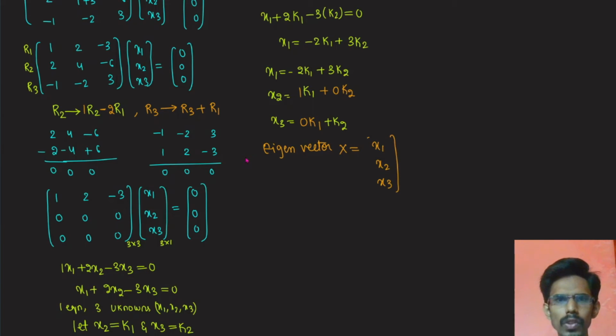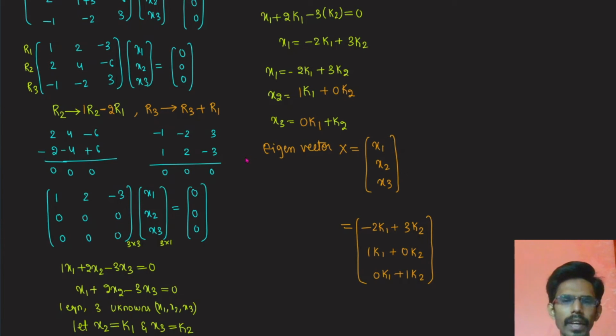Capital X comprises of three unknowns, x1 x2 x3. Now the value of x1 is minus 2 k1 plus 3 k2. Next we have 1 k1 plus 0 k2, 0 k1 plus 1 k2, putting the values of x1 x2 x3.